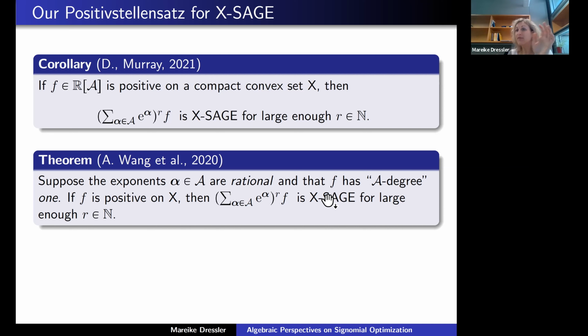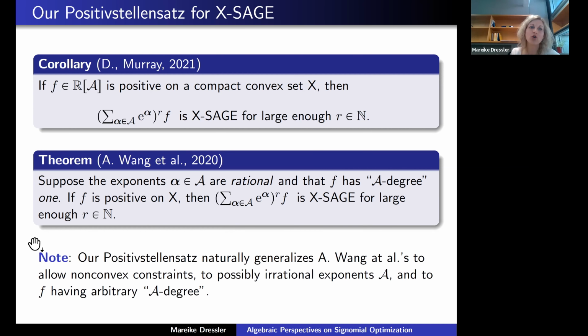And something that will become clear later, namely that previously one assumed that this A-degree is 1. But like I said, this will be clear later on. So we can see that our corollary nicely generalizes this theorem that one knew before in the literature.